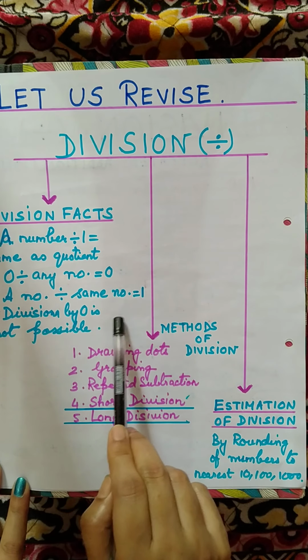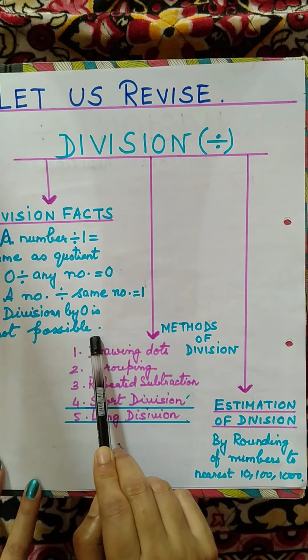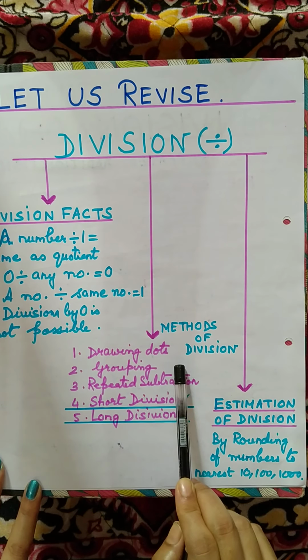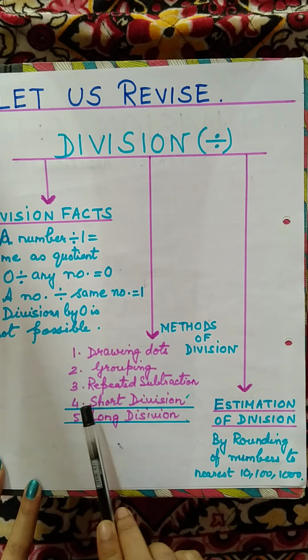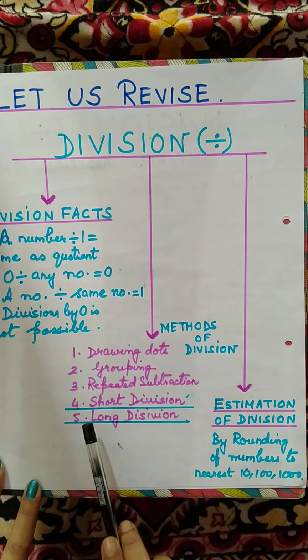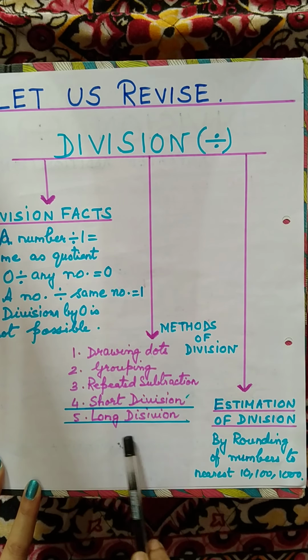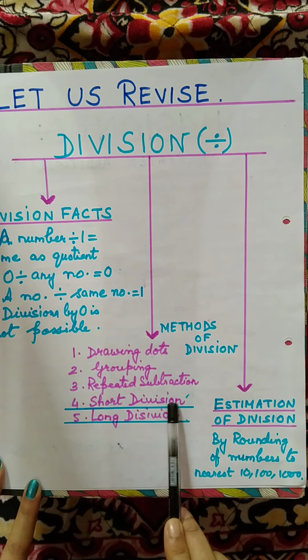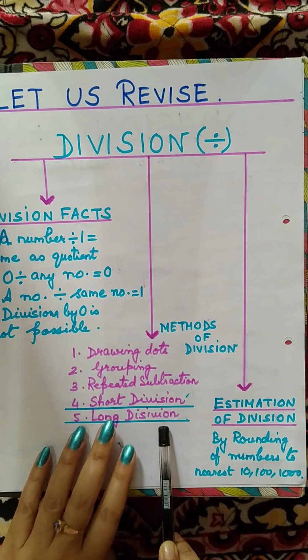Division by 0 is not possible. Then we have the methods of division: by drawing dots, by grouping, by repeated subtraction, by short division, by long division. However, we are going to follow the short division and long division methods.